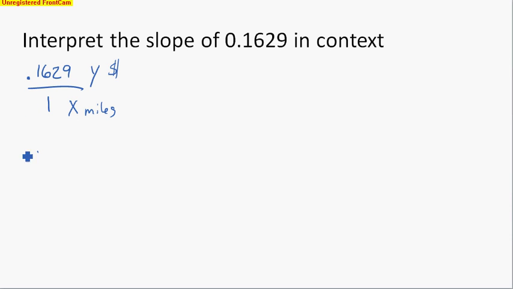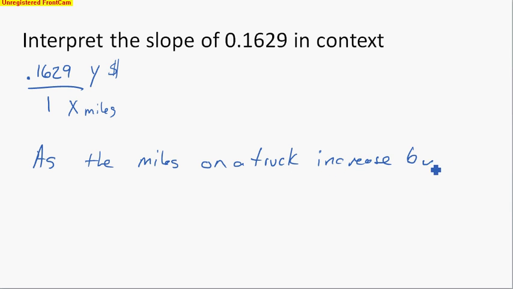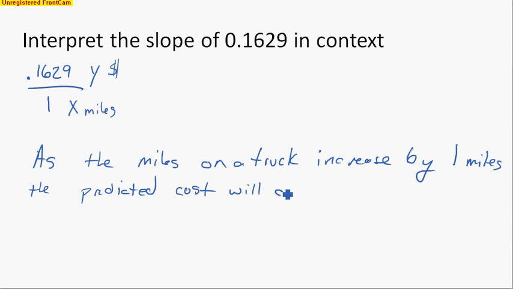So here I go. As the miles on a truck increase by 1 mile, don't forget units, the predicted, don't forget that word predicted, it's really important in your answer here, the predicted cost, again this is the y variable, cost, will decrease.